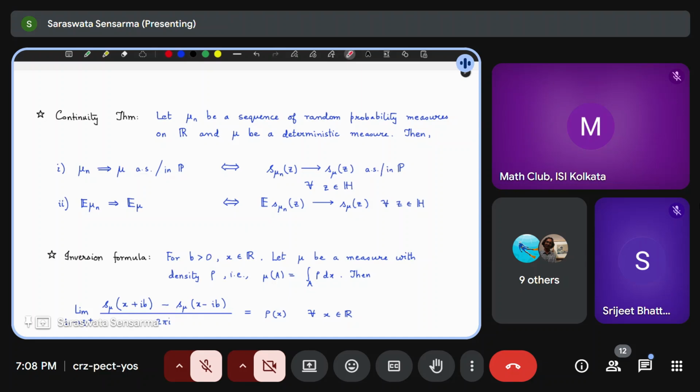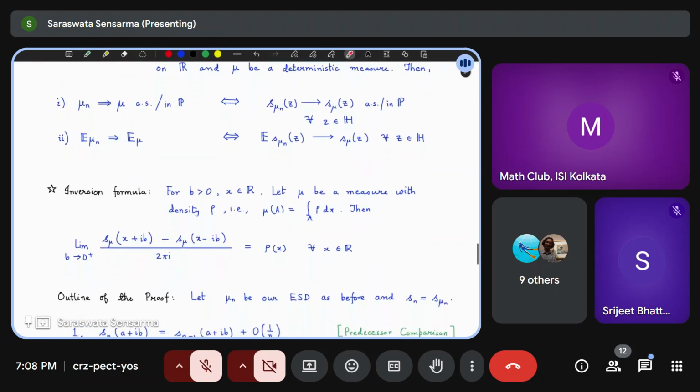If it is almost surely, then this holds almost surely. If this convergence is in probability, then the convergence of Stieltjes transforms is also in probability. Indeed, the same is true for the expected measures: the expectation of mu n converges to mu if and only if the expected Stieltjes transform converges to this. Mu is deterministic, so the expectation of this is a complex-valued thing. Okay, that's the continuity theorem.